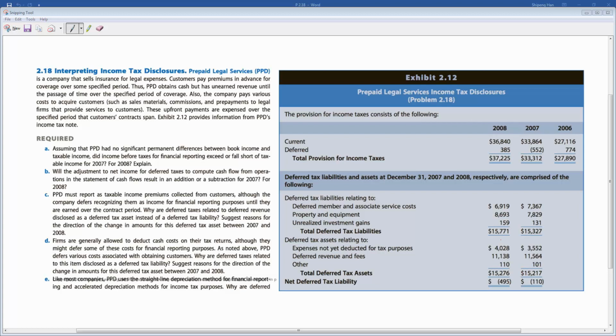For a certain year, for example 2008, the deferred tax liability of 15,771 is greater than the deferred tax assets, so the net amount is a deferred tax liability. We use a bracket to indicate this is deferred tax liabilities. This is the same for 2007, because the deferred tax liability is still greater than the deferred tax assets, so the net amount is still deferred tax liabilities.